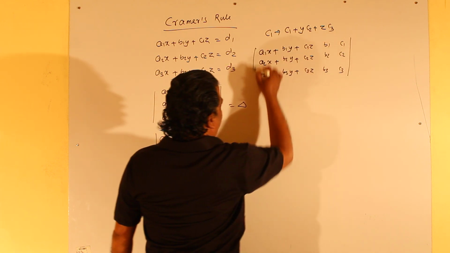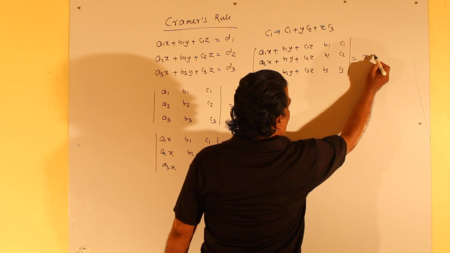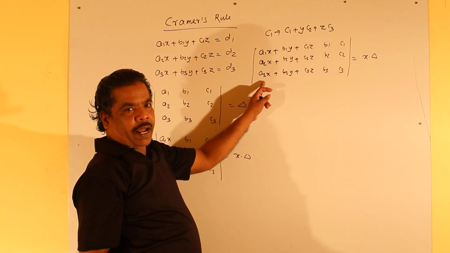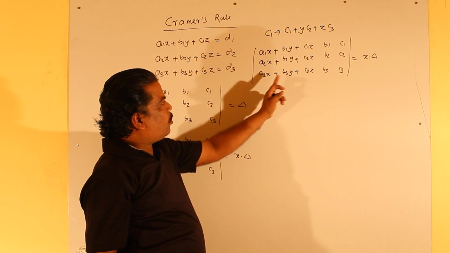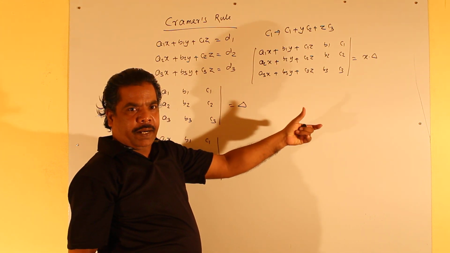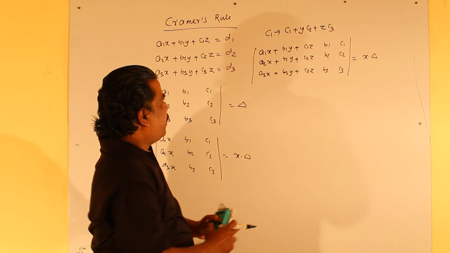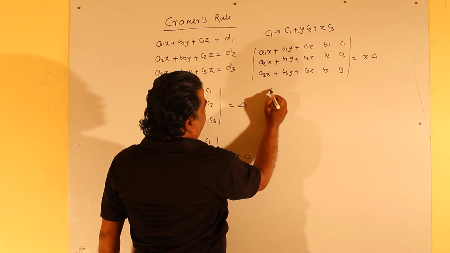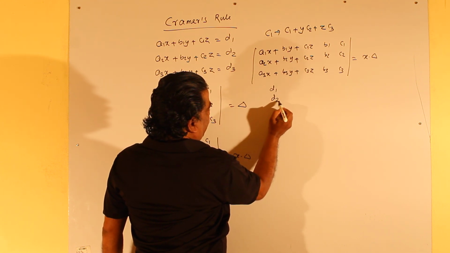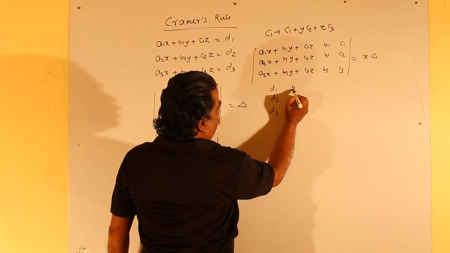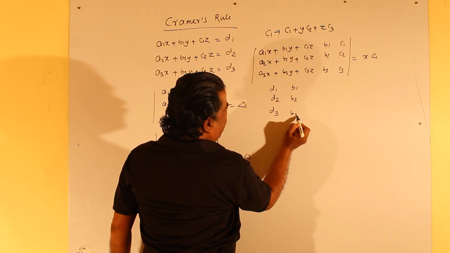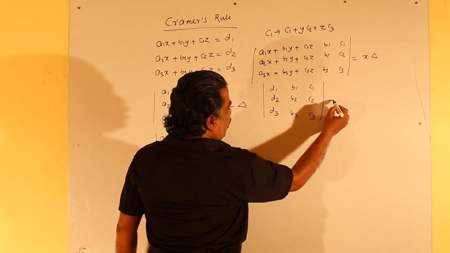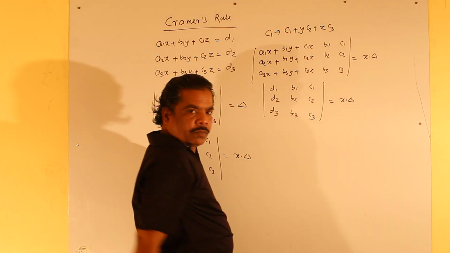This value is also x into delta. Since the determinant remains the same, column 1 becomes d1, d2, d3, with b1, b2, b3, c1, c2, c3, that is equal to x delta.